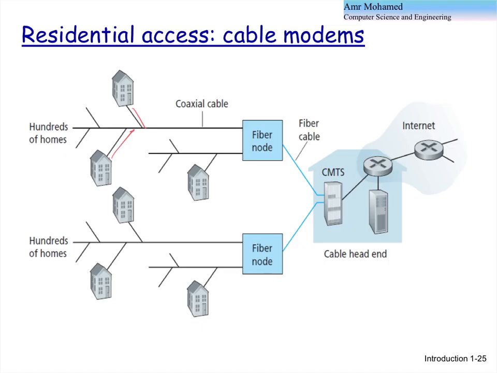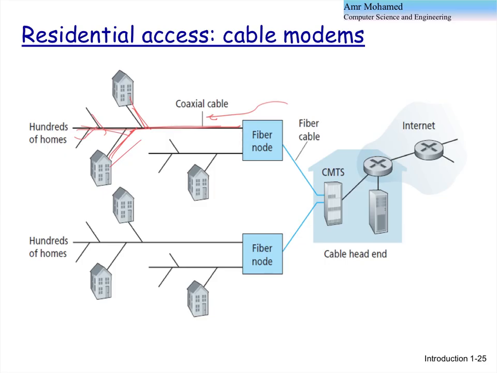Each of these residential homes has coaxial cables, and all of them are connected on one coaxial cable for the entire district. Why? Because the TV is actually broadcast. You have the same signal coming with all the TV channels. It comes here and it gets transmitted to all of them. And it's up to you to fine tune to the channel that you want.